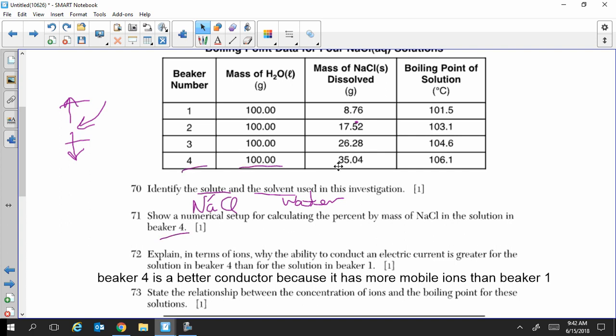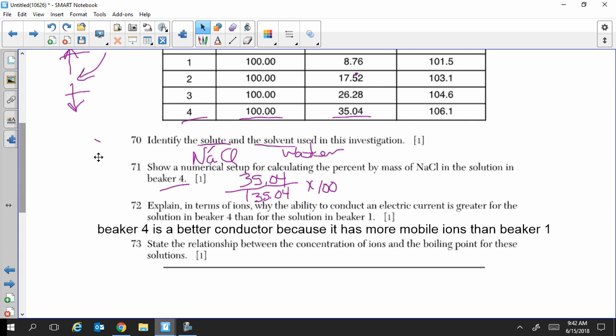You've got 100 grams of water and 35.04 of the salt. So part salt is 35.04. The whole is 135.04. So I always want part over whole and then times 100. So that's my correct numerical setup for what part salt is in this mixture.